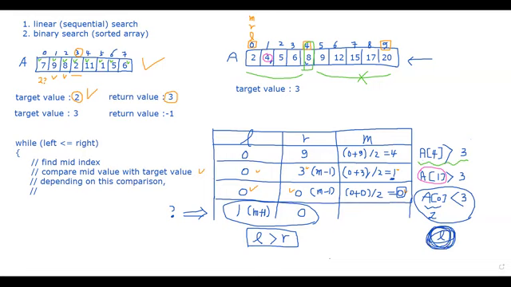Yeah, left should be updated. And left is always updated with mid plus 1. When you update left, it is always updated with mid plus 1. And when you need to update right, it should always be updated with mid minus 1. Okay? So left should be updated. Then we must add 1 to the mid, and mid is 0, so it should be 1.